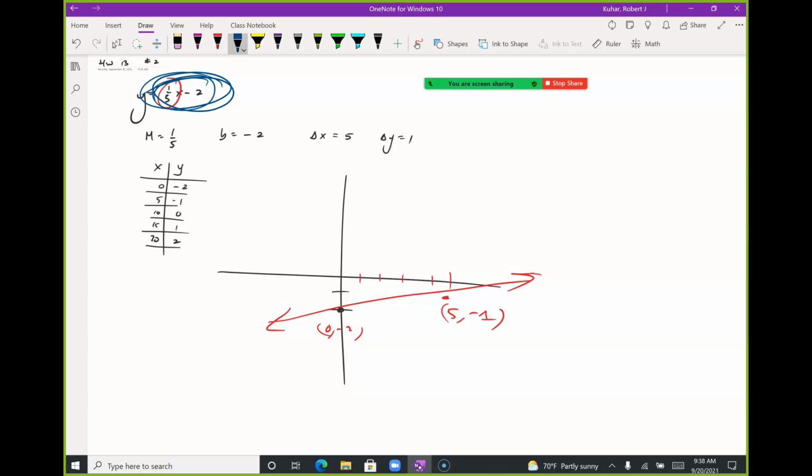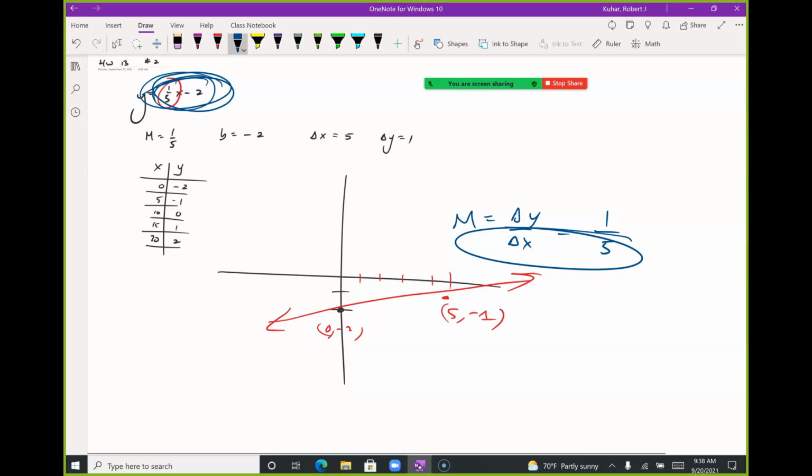It's very clear that if I put in multiples of 5, every time the fraction will cancel and it makes it simpler. But if I know my slope is delta y over delta x, and that's 1 over 5, then I'm getting from this that delta x is 5. So it's easiest to just move my x's by 5. 0, 5, 10, 15, 20, 25. 0, negative 5, negative 10, negative 15, right?